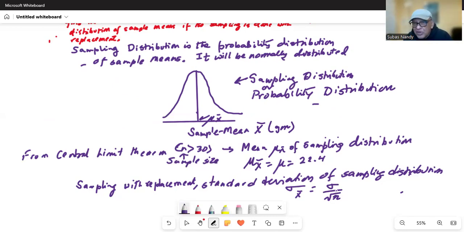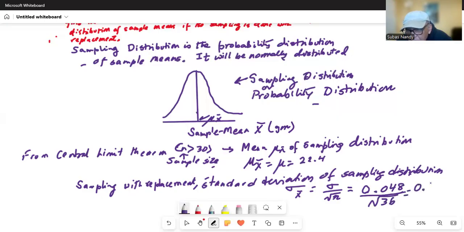I'm going to show you step by step how to find the standard deviation of the sampling distribution. So the mean is 22.40 grams, and the standard deviation of the sampling distribution, sigma x bar, is sigma divided by square root of n. So it will be equal to 0.048 divided by square root of the sample size, 36, or 6.